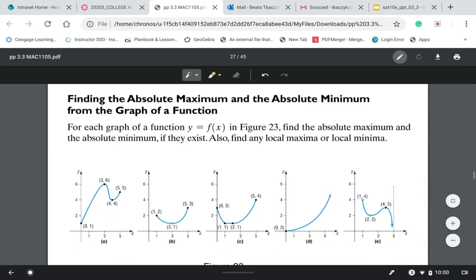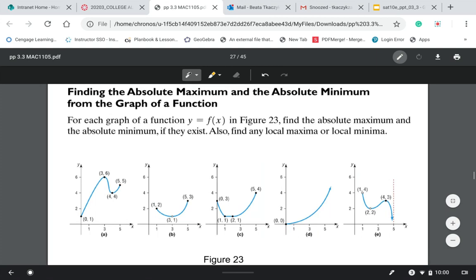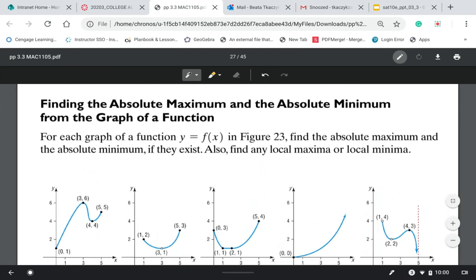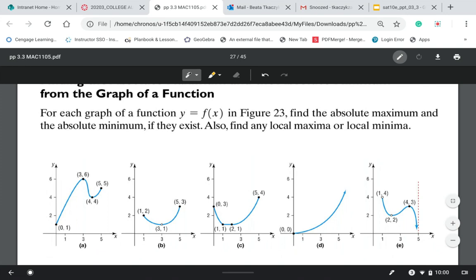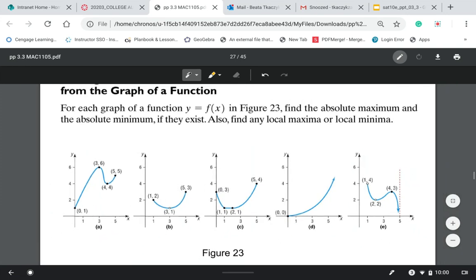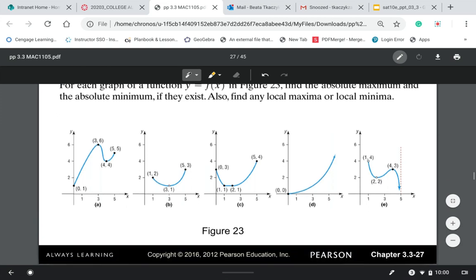Okay, so we're going to start talking about the example right here. This is on slide 27. We have to find the absolute maximum and absolute minimum from the graph of the function, and they're also asking to find the local maximum and local minimum.